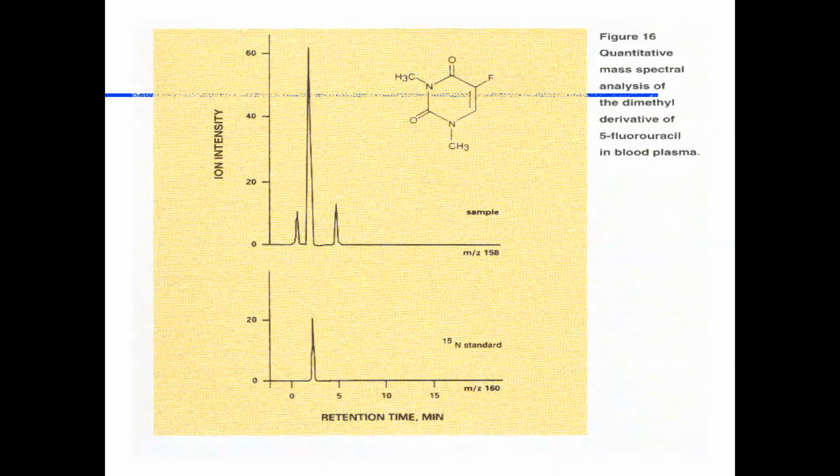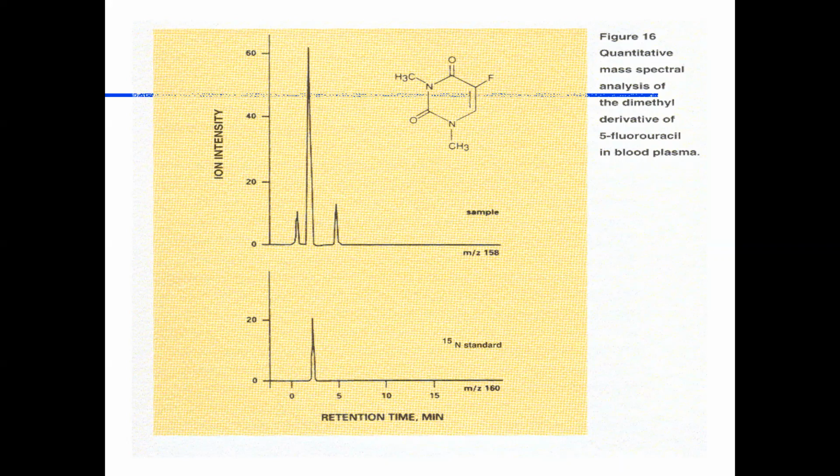So I've got an example of that, if it makes a little more sense. This isn't a compound that we're particularly interested in, but 5-fluorouracil in blood plasma is what's measured. This is the compound here, and it has a mass of 158. There are two nitrogens in here, and they're nitrogen 15.